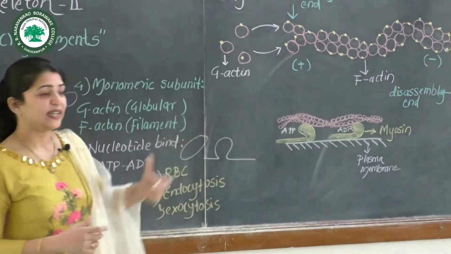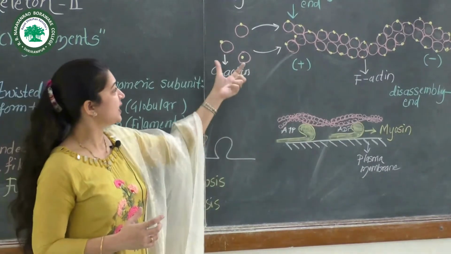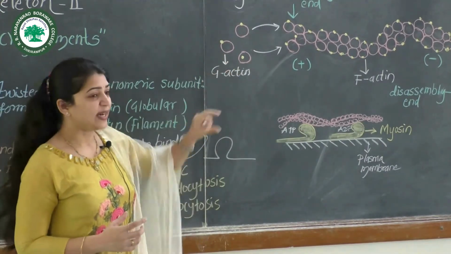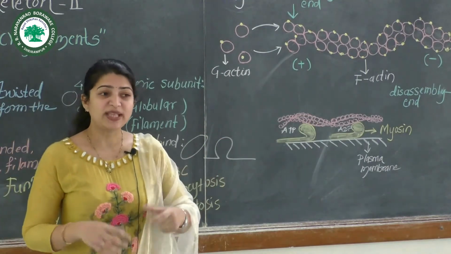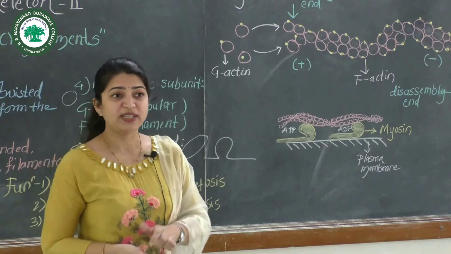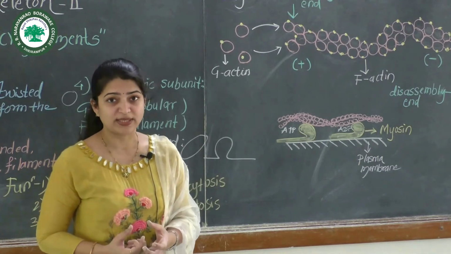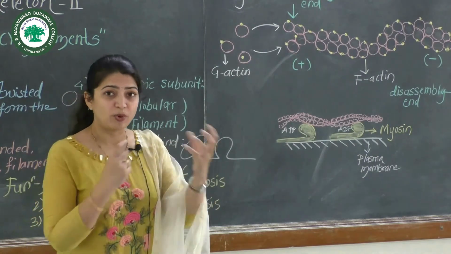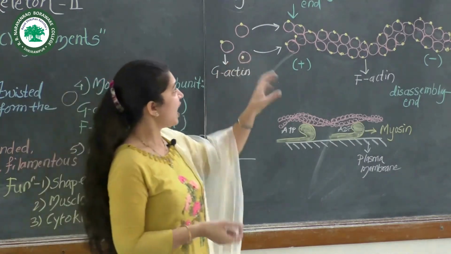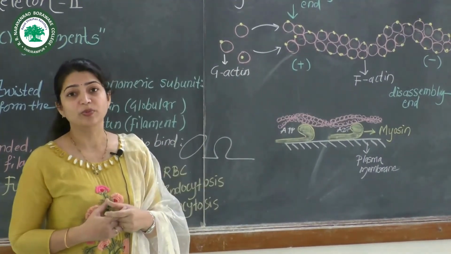G-actins are the monomeric subunits. These are nothing but the proteins, actins. First the cell forms the monomeric subunits, then afterwards there is polymerization of these monomers.